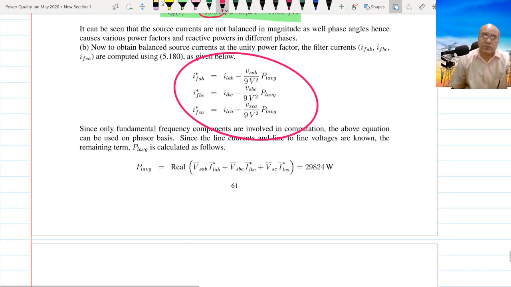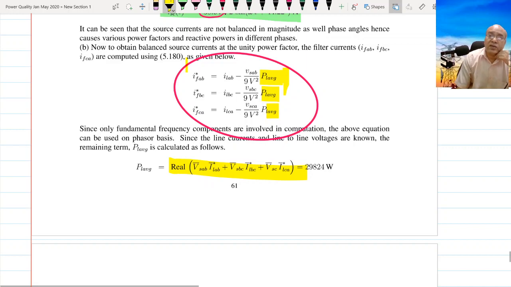So we just find out these currents and express them in the phasor domain because there is only one frequency component, and substitute their values. Now in this, what is the value of PL average? PL average is nothing but the computation of the power of the load. So we can find these components by using this term.